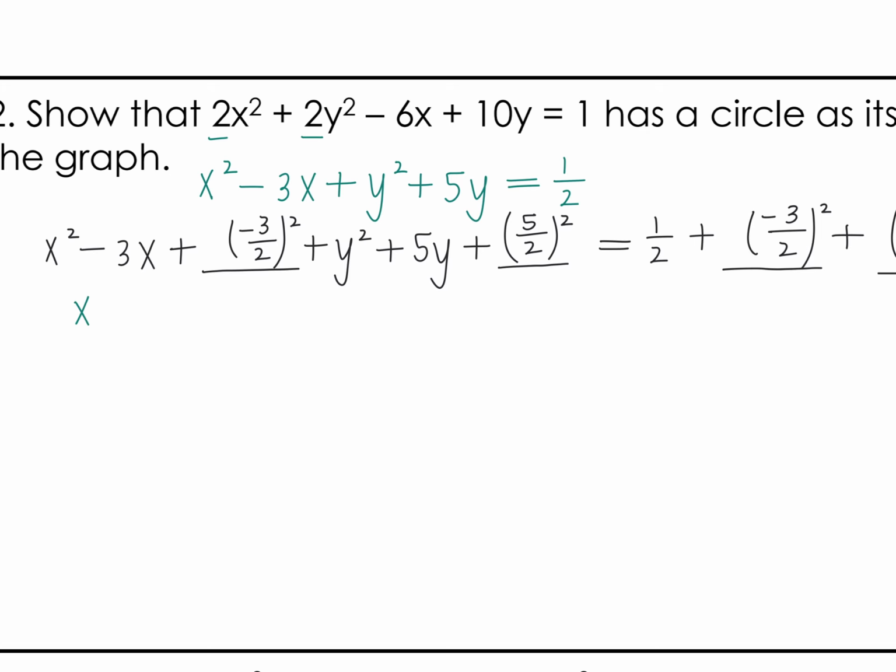And so we are going to get x squared minus 3x plus, and I would highly suggest you leave this as a fraction instead of trying to convert into the decimal, just because it's a little bit easier to square since all I have to worry about is squaring the numerator and the denominator. So -3 squared gives me 9, and then 2 squared will give me 4.